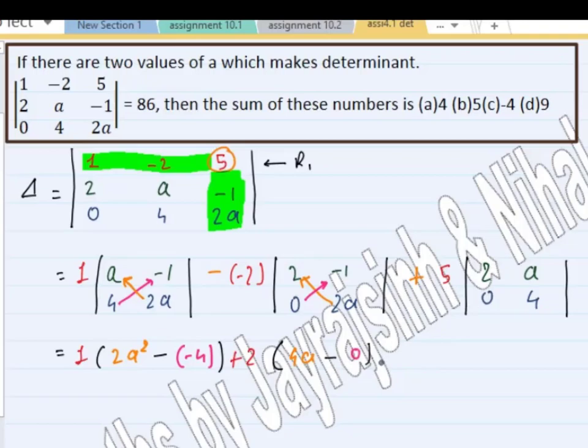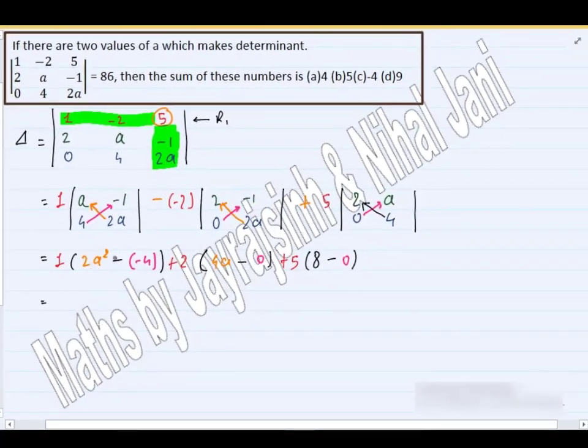And the last determinant, plus 5 in the bracket, 4 times 2 is 8, and minus 0 is 0. So just simplify and you will get 2a square plus 8a plus 44, right?